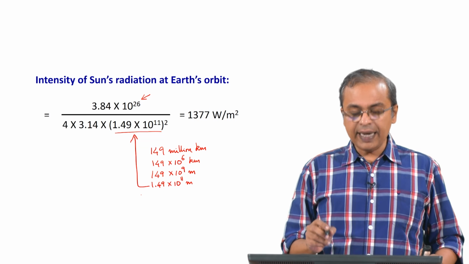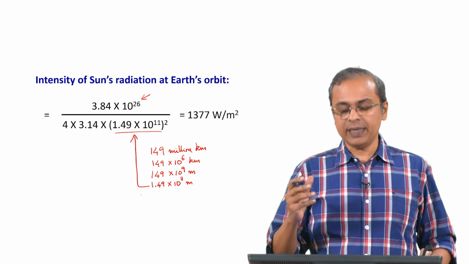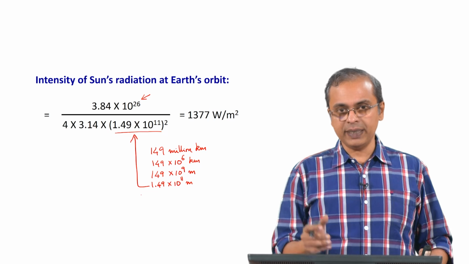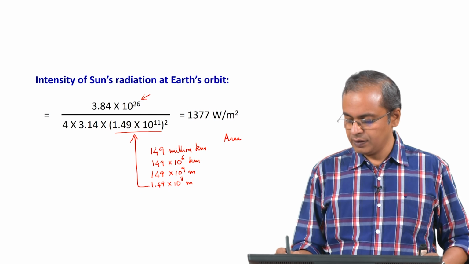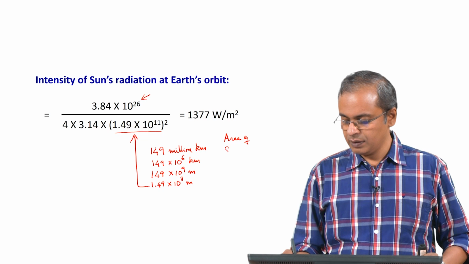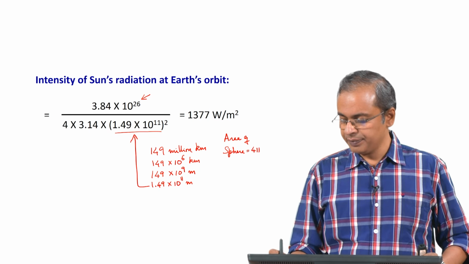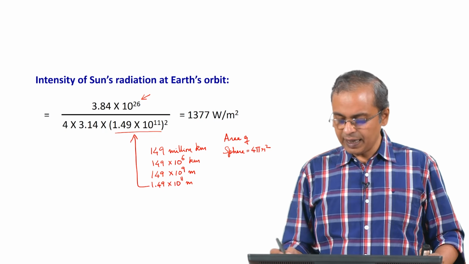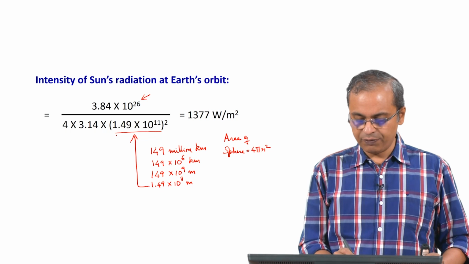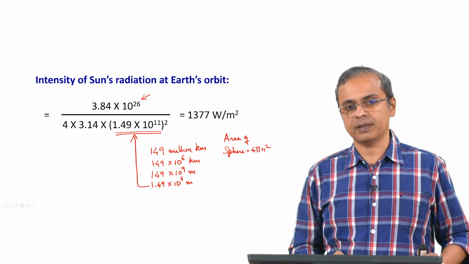The area of the sphere of Earth's orbit is simply area of sphere equals 4 pi r square, where r is the radius of that sphere, and r happens to be this 1.49 into 10 power 11 meter, right.